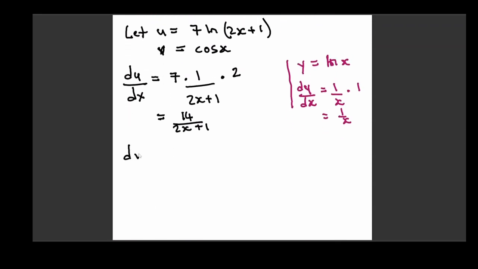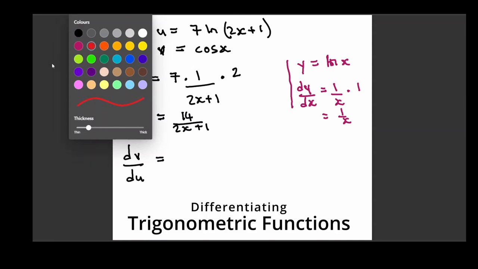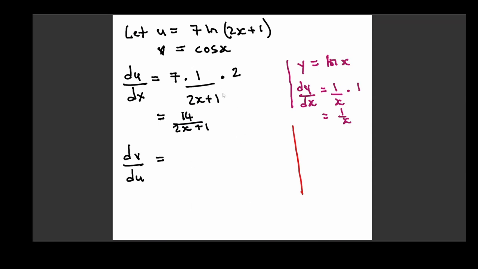What then is dv/dx? So for dv/dx, we should also remember that the derivatives of trigonometrical functions, cos x in this case, are predetermined. And let us just run down a few examples.